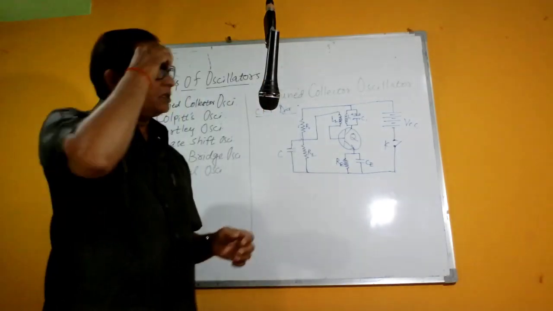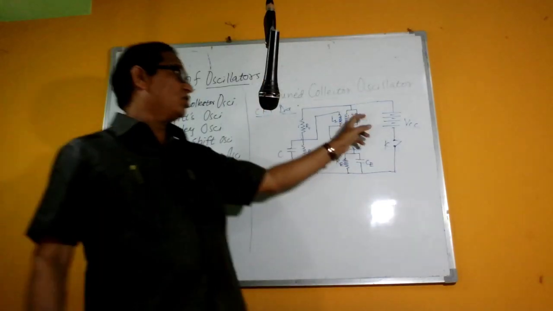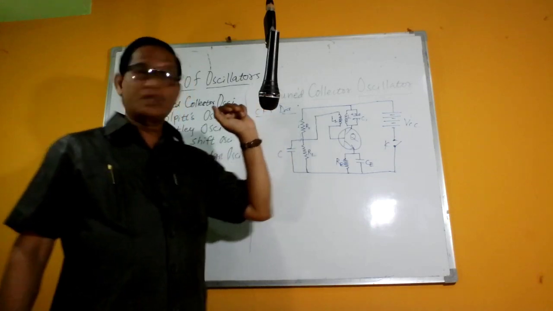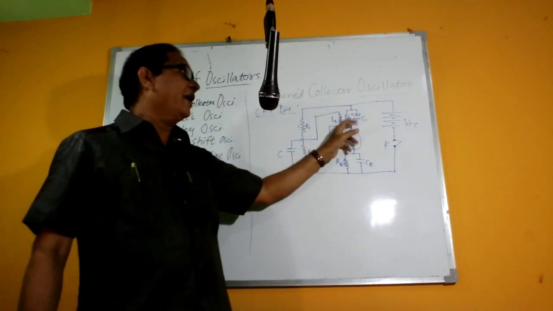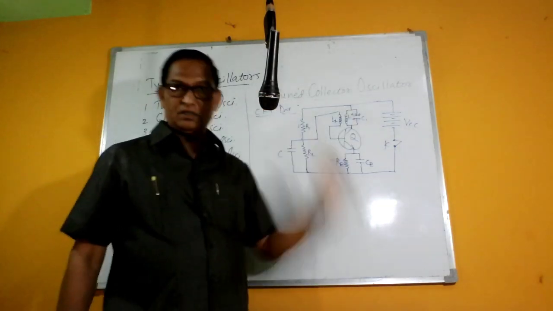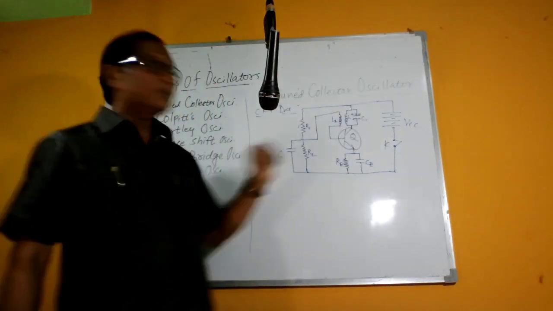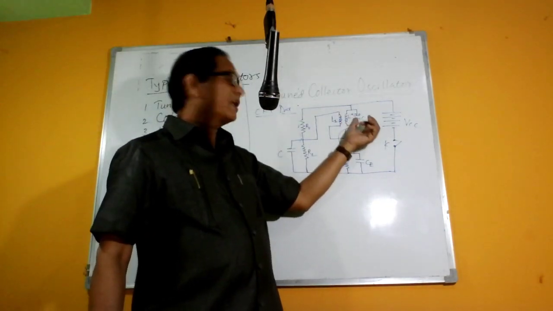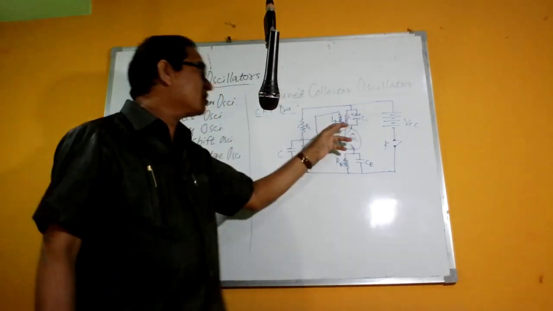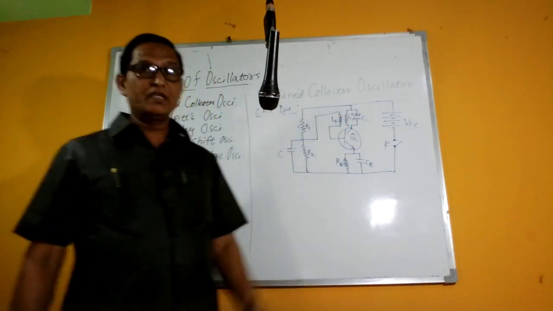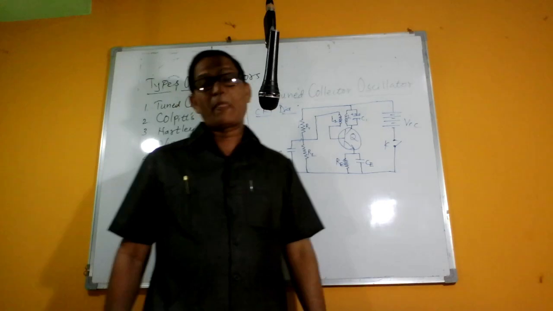So the electrostatic energy is developed across the condenser C, as there is an inductor in parallel with this condenser C. Therefore the condenser discharges and the total charge is dumped across the inductance L1.